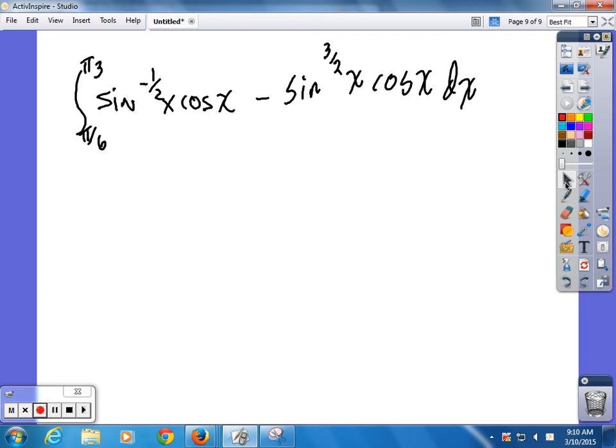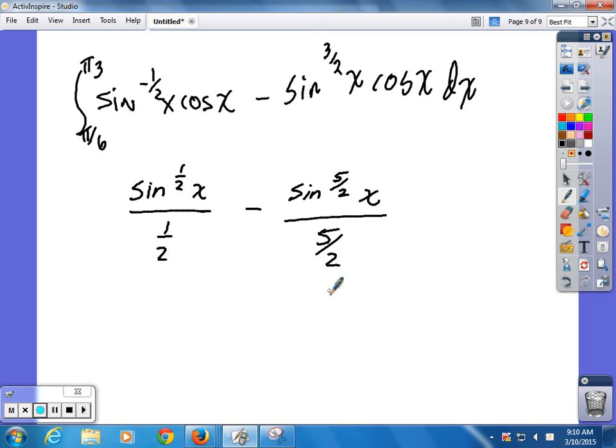So I get u to the 1/2 of the sine (1/2) x over 1/2 minus sine of 5/2 x over 5/2 evaluated at pi over 6 and pi over 3.